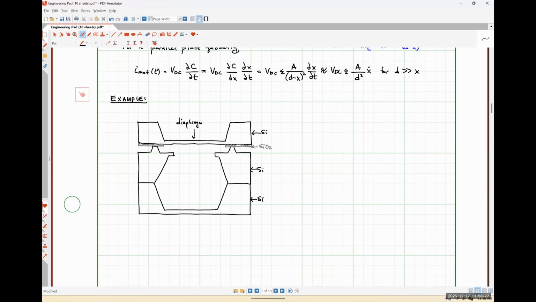So this is 3 total wafers. And then I'm going to try to draw this part here, and I'll explain what it's supposed to be in just a second.